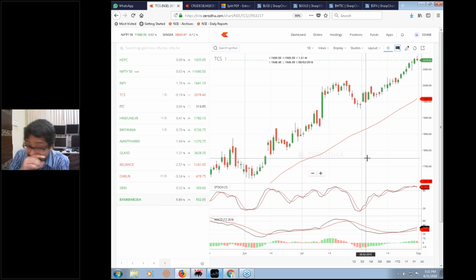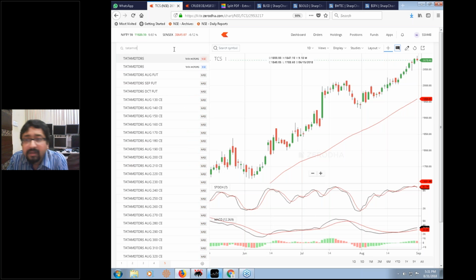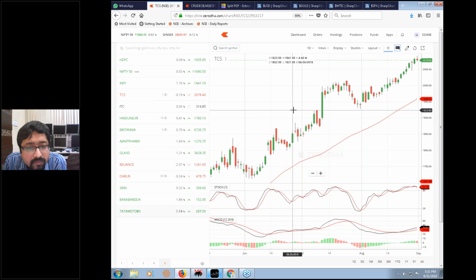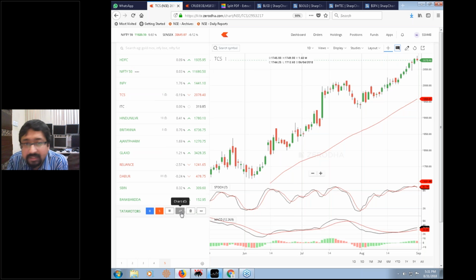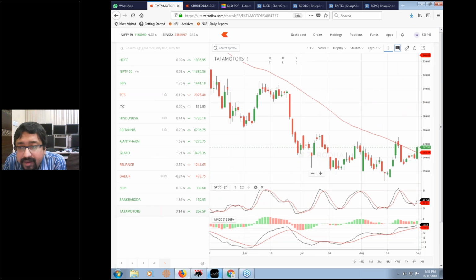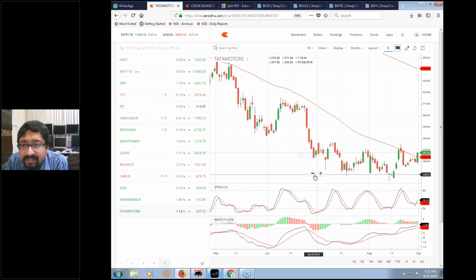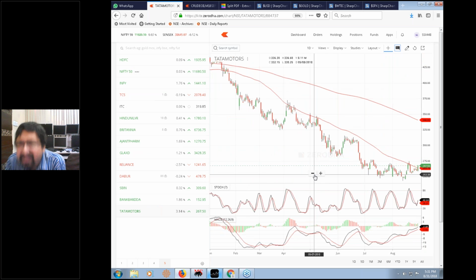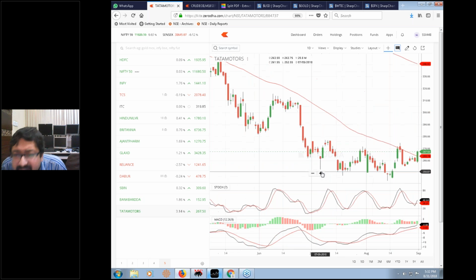And one more thing that comes to mind is Tata Motors. I have to mention this stock because there is a feeling that, yeah, this is the daily chart of Tata Motors, and there is a possibility that it might be trying to form a bottom at around the 250 region.